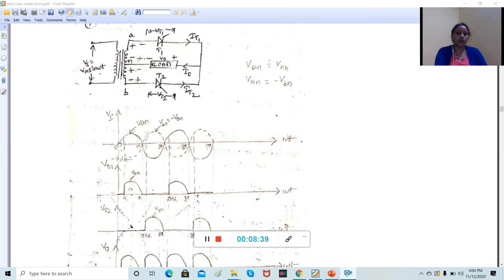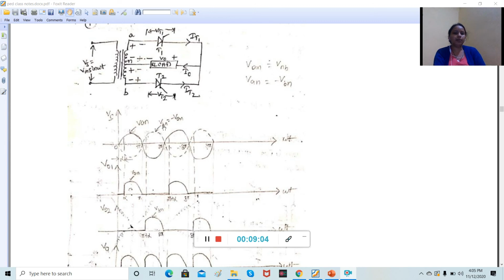Why? Because see, this is VAN, this is A positive and negative. But in the next half cycle, B positive and negative, that means now this is the VBN, and at this time from pi to 2 pi, VAN is negative.